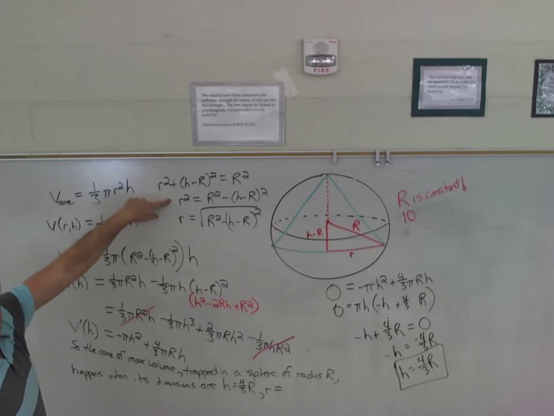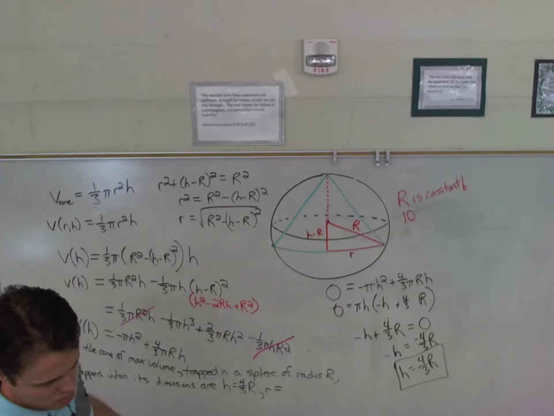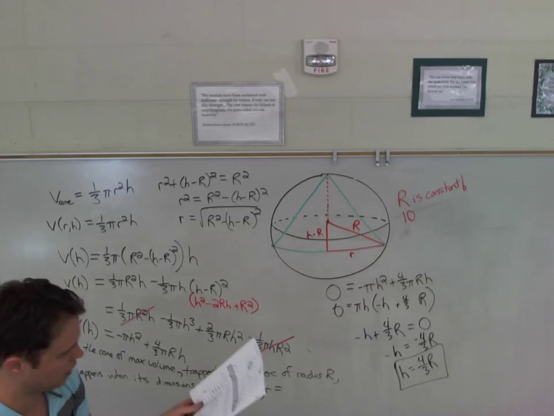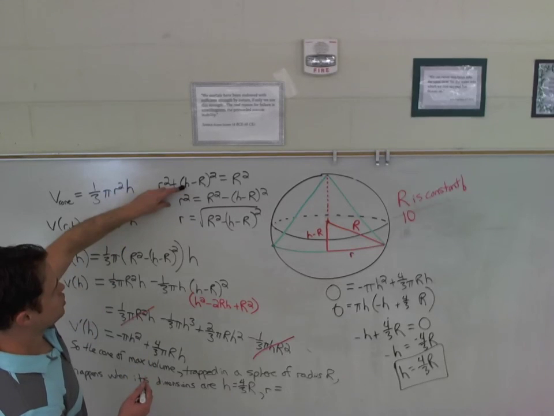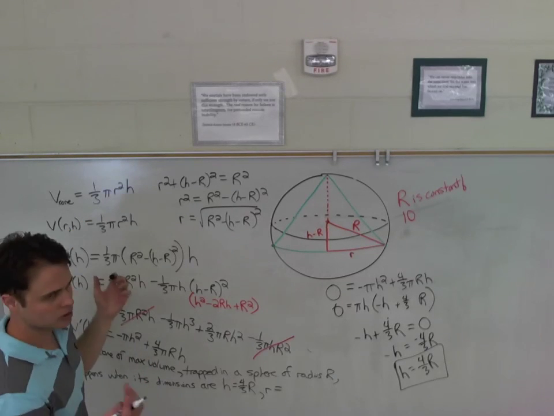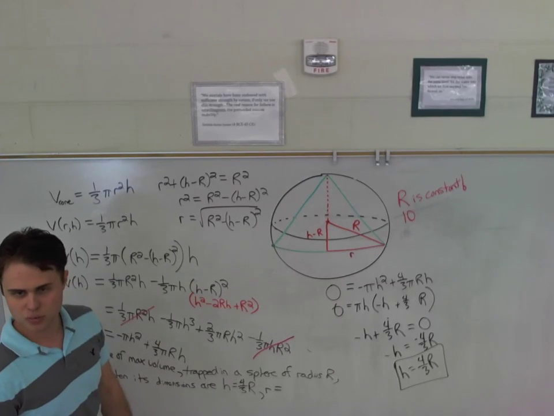We'd have to go back up here and plug in. So I trust that you guys could get that. I didn't even do it, so you'd have to plug back up in there. So you put h equals 4/3 of r, and you can figure out how big that little radius would be.